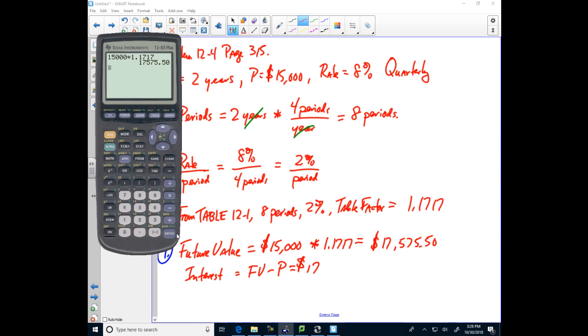So that's $17,575.50 minus the $15,000 we started off with. So the interest you earn in 2 years, compounded quarterly, at 8%, which is a very high rate, actually, is going to be $2,575 and 50 cents.